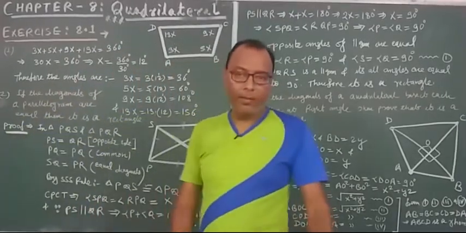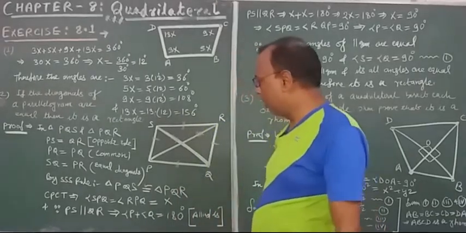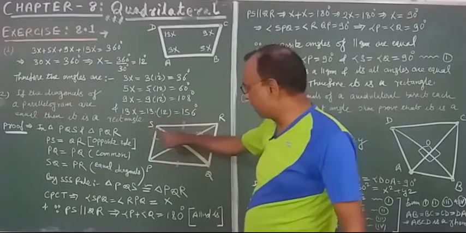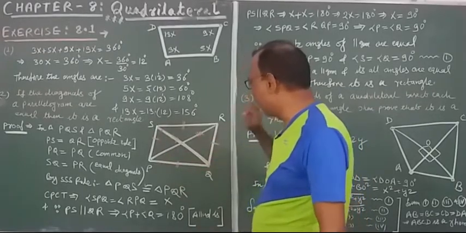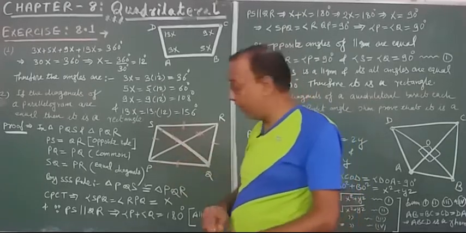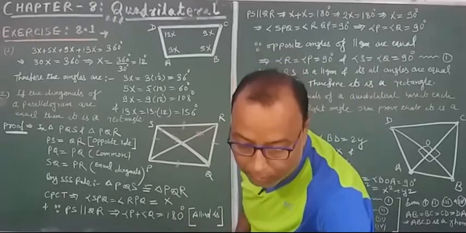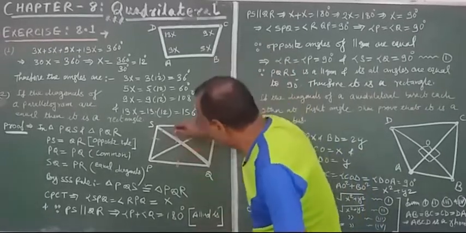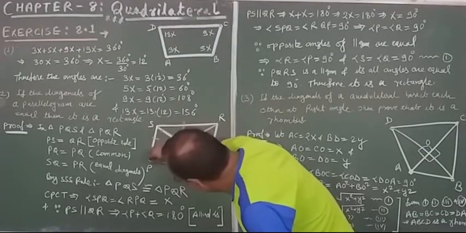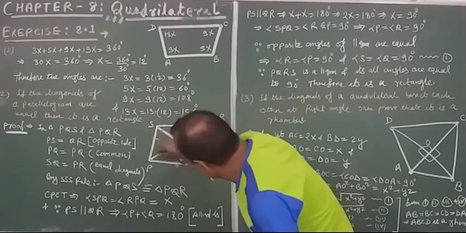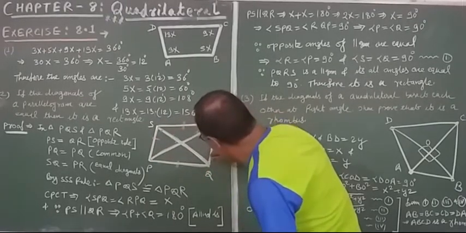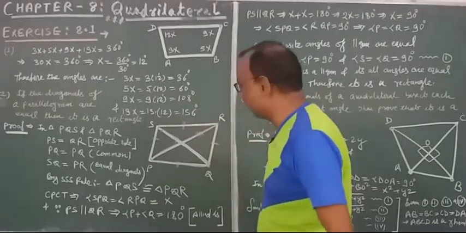These things are given. Now we are taking these two triangles, PQS and PQR. Just look here, what is here?